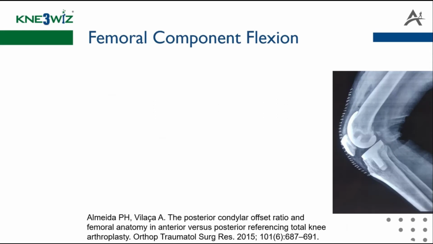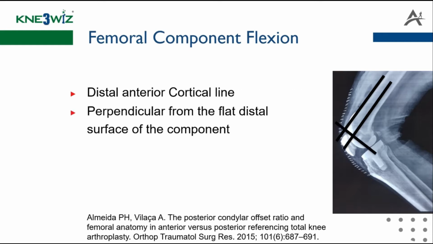For post-operative X-rays with the component, to study femoral component flexion, any of the two axes are used. The first is the distal anterior cortical line, and the second is the distal anatomic femoral axis. Both are parallel lines. For studying the component position, from the distal flat surface of the component opposed to the bone, a perpendicular is drawn.